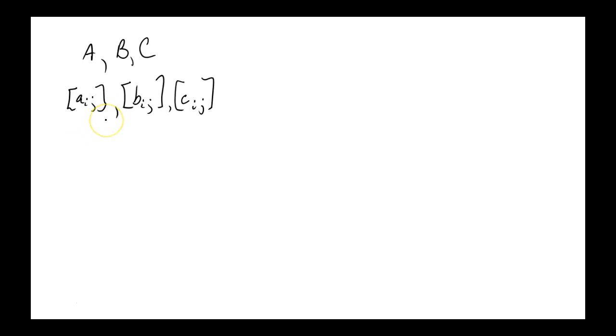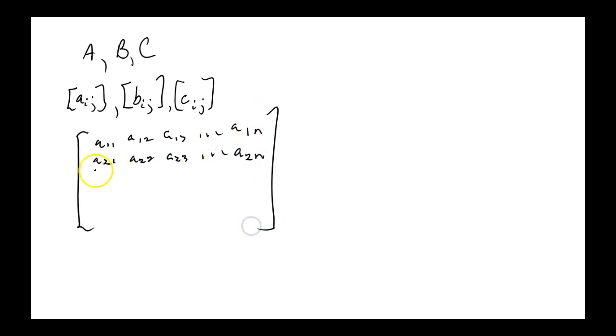I'm only going to do this for A, not for B and C. That would be a11, a12, a13, dot, dot, dot, a1n, a21, a22, a23, dot, dot, dot, up to a2n, a31, a32, a33, dot, dot, dot, up to a3n, dot, dot, dot, down to am1, am2, am3, and then dot, dot, dot, down to amn.